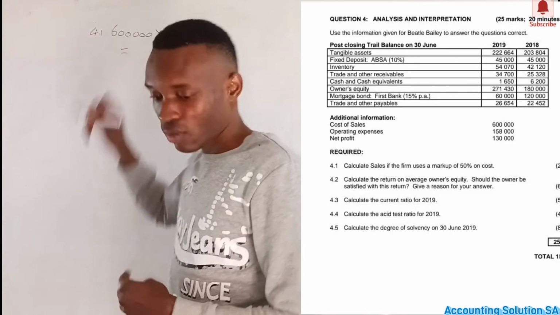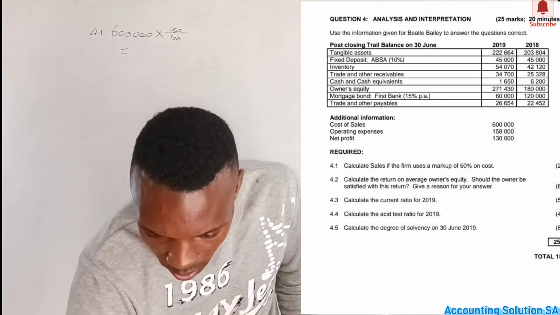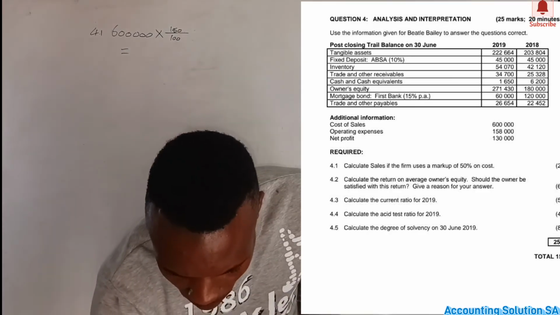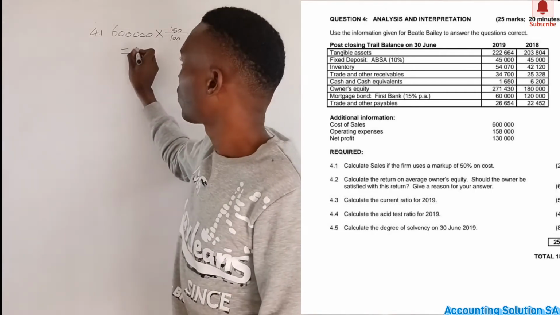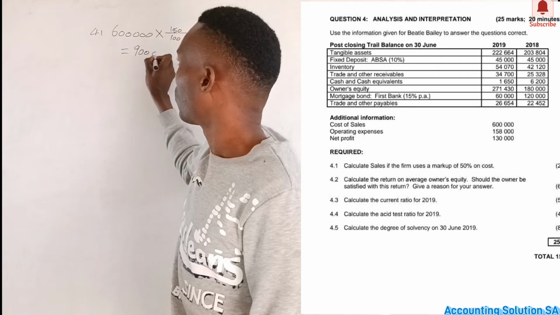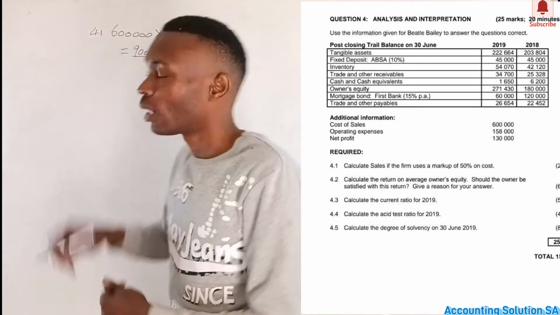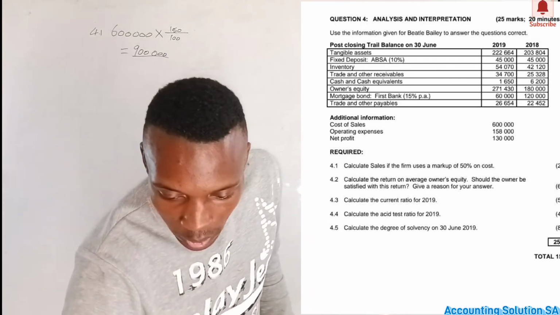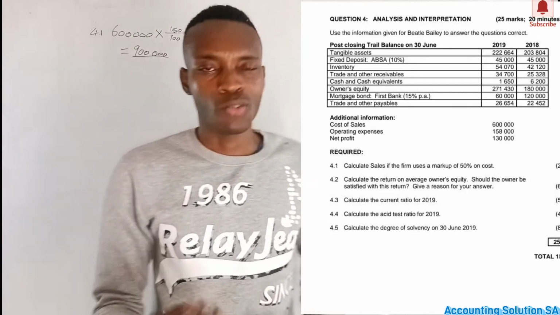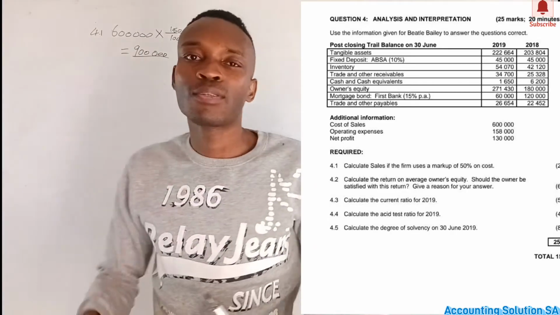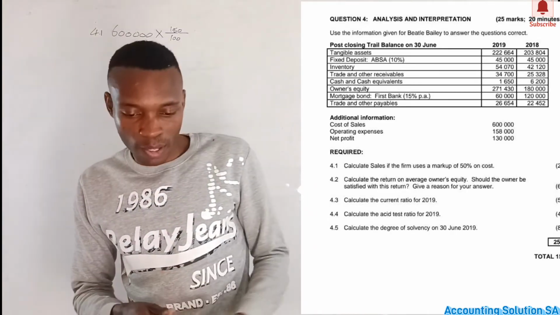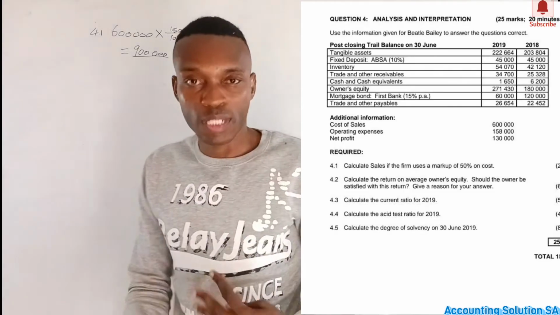Then if you calculate this, it's going to give you an amount of 900,000. 900,000 is the answer for number 1. So yes, you must be able to calculate sales because it might be required in the following questions.